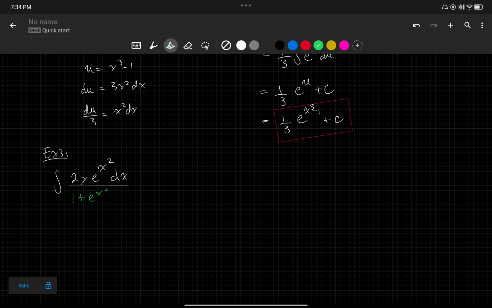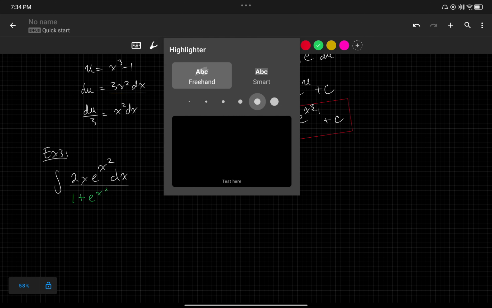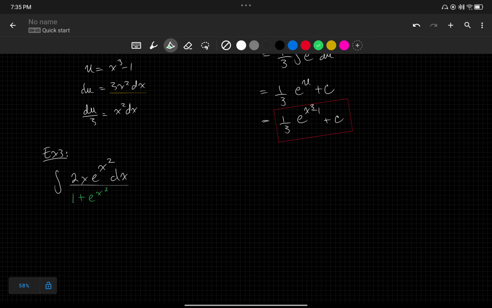Well, let me change it again. Okay, we were thinking that this is going to take, oops, what happened to the 2? All right, so that's supposed to be a 2, okay.